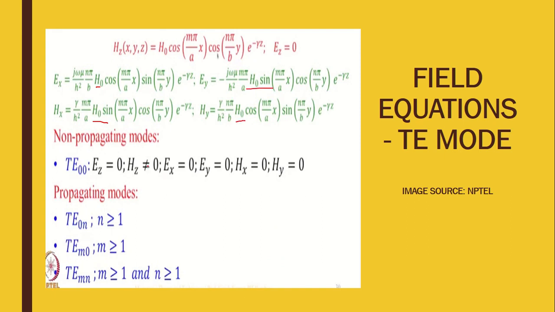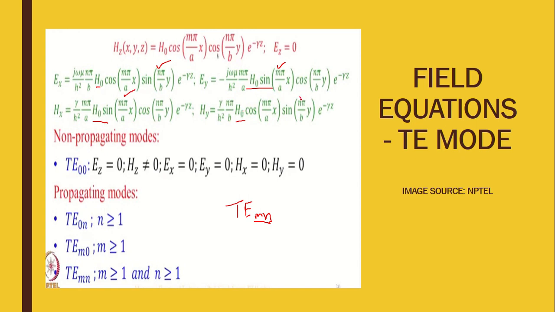And once again, to study the non-propagating modes, we are going to study the TEmn mode. So substitute m to be 0, n to be 0. We can see that your Ex becomes 0 since we have sine 0. Ey becomes 0 since we have sine 0. Hx becomes 0 since we have sine 0.